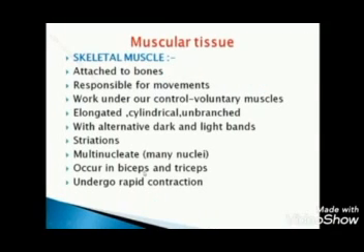Now the first one is the skeletal muscle. Skeletal muscle is attached to the bones. It is responsible for movements. They work under our control, so they are called voluntary muscles.